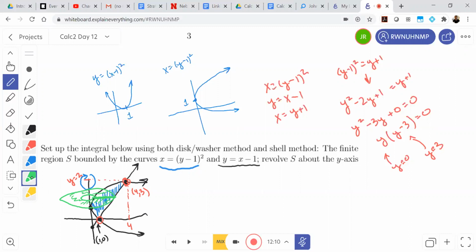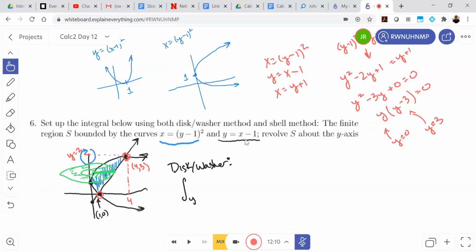Now, the washer depended on the y value, right? That was what gave us this slice that we revolved. So the disk/washer method would give us an integral involving y values.